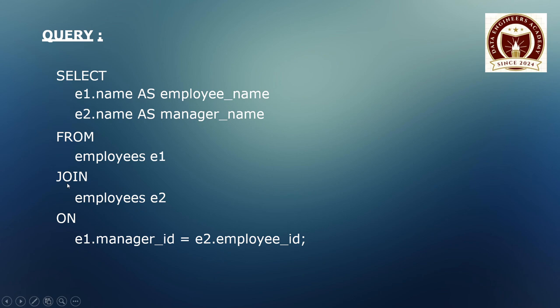JOIN employees E2 joins the same employees table again with the alias E2 to represent the managers. ON E1.manager_id = E2.employee_id links the row aliases by matching the manager ID of E1 with the employee ID of E2, establishing the relationship between an employee and their manager.